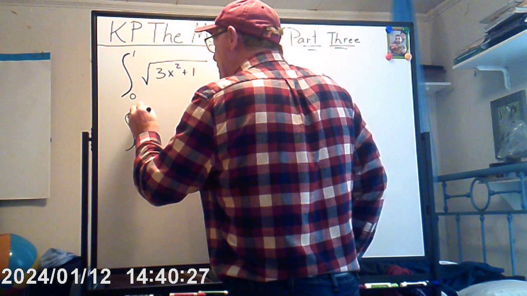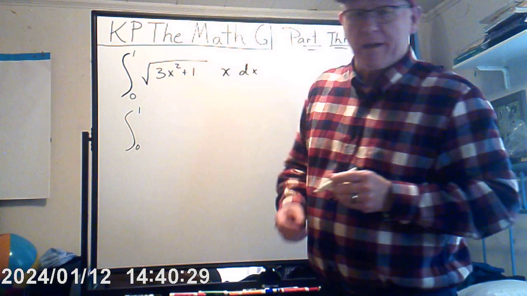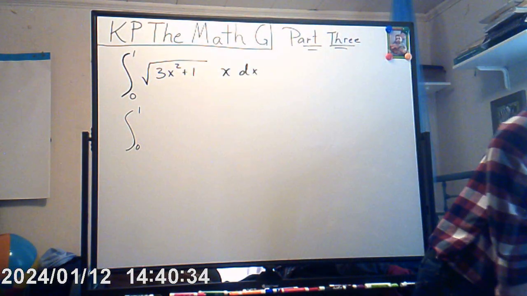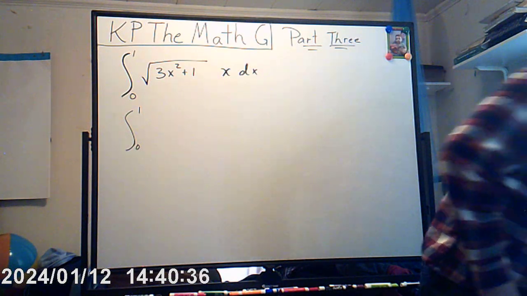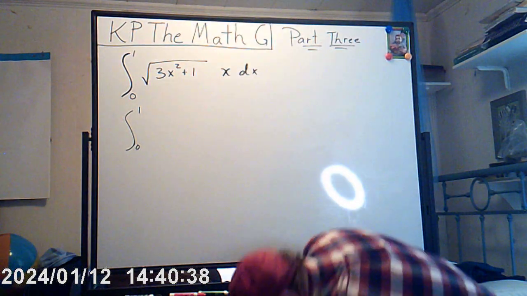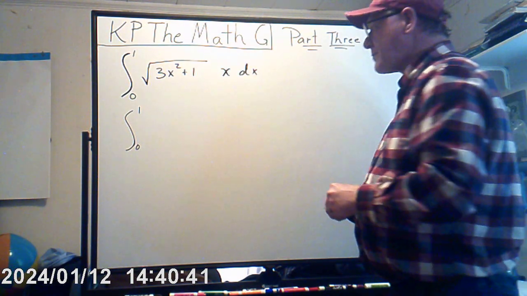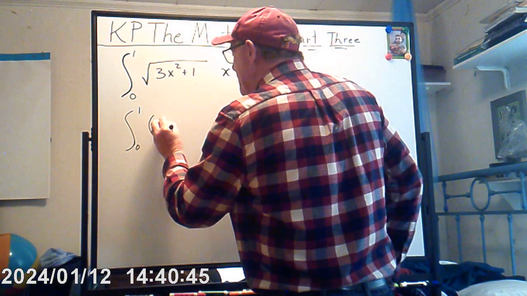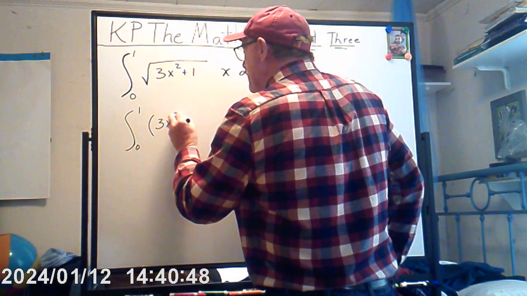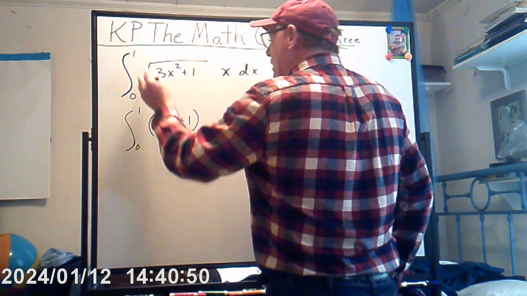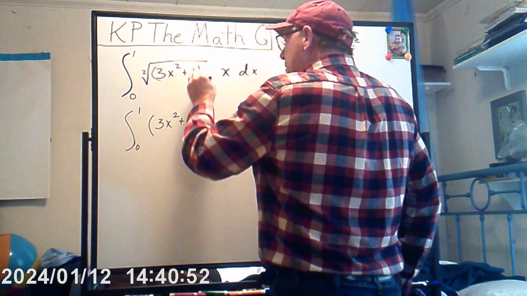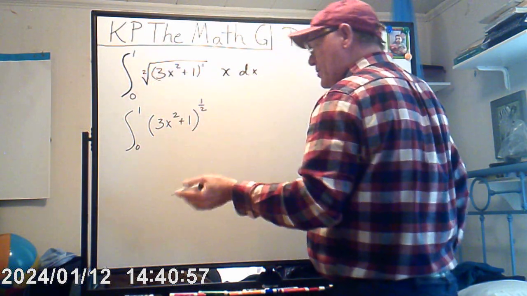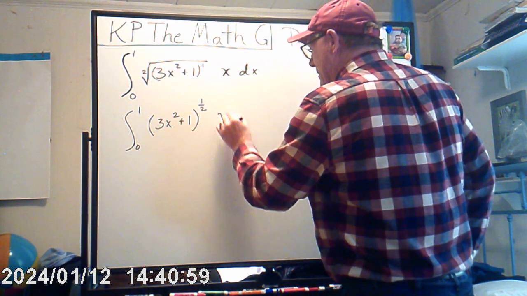I had 1 to 4, and 1 to 4 would work fine, but I do believe that I have made it from 0 to 1. Yes, it is. Okay, and that'll work also. Anyway, I want to write this to the 1/2. By now, you should know that on a square root, the power over the index is 1 over 2. If it's just a square root like that, x dx.